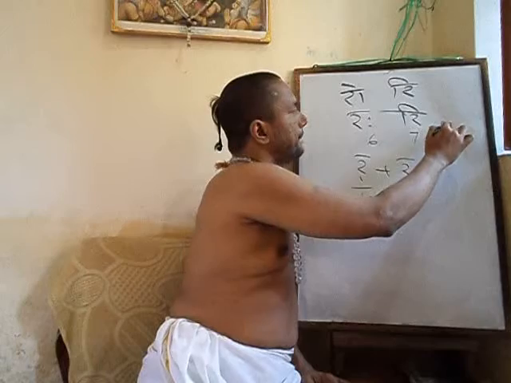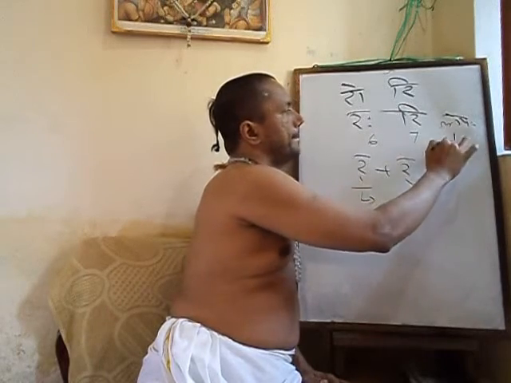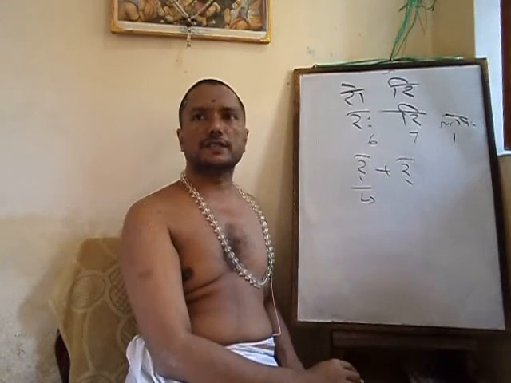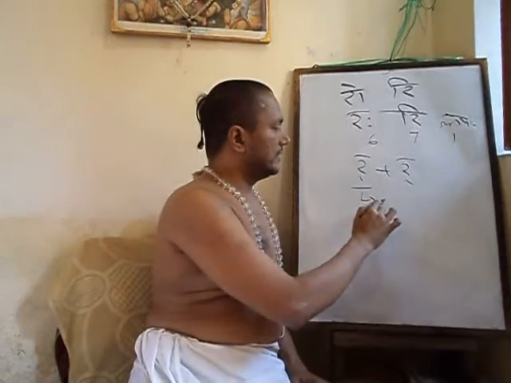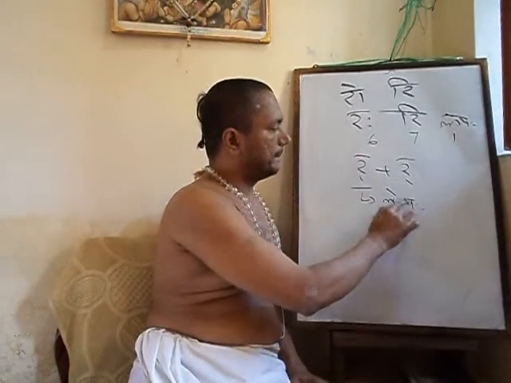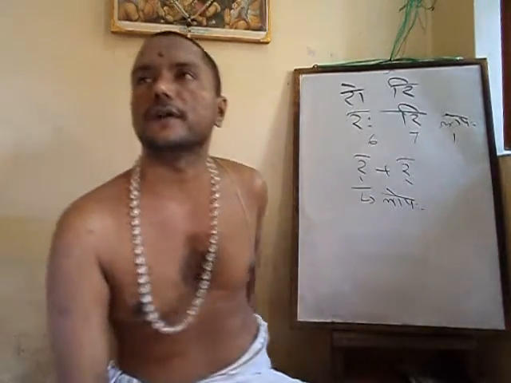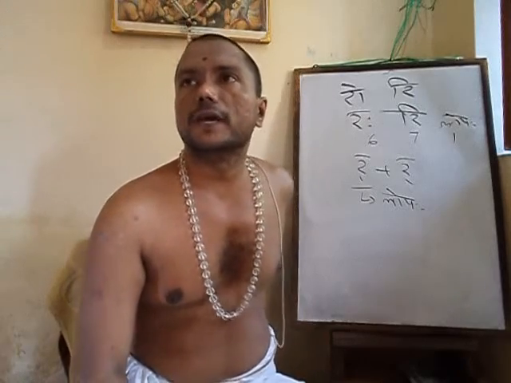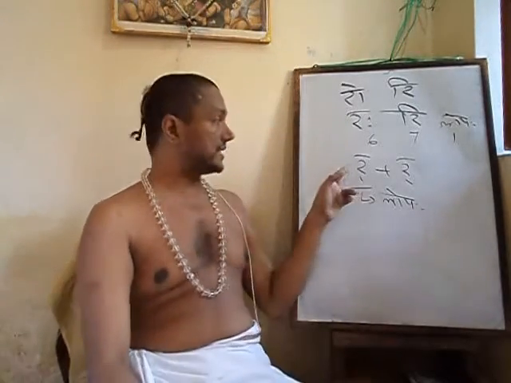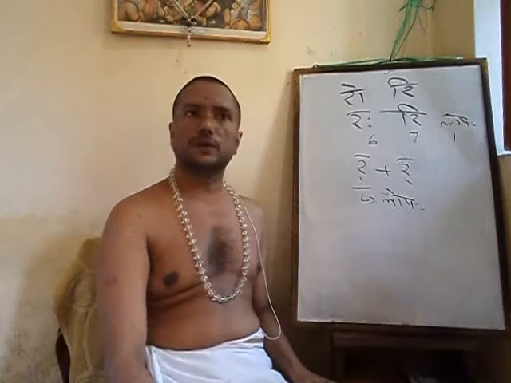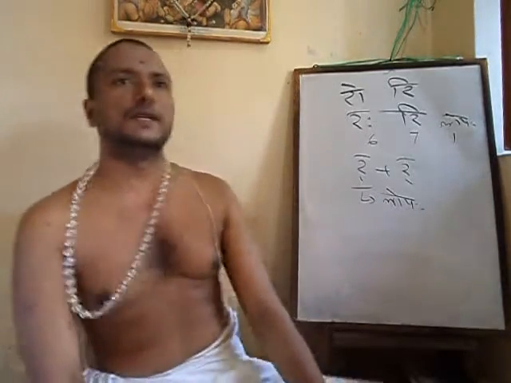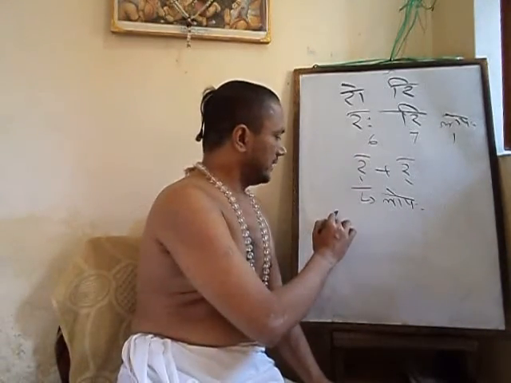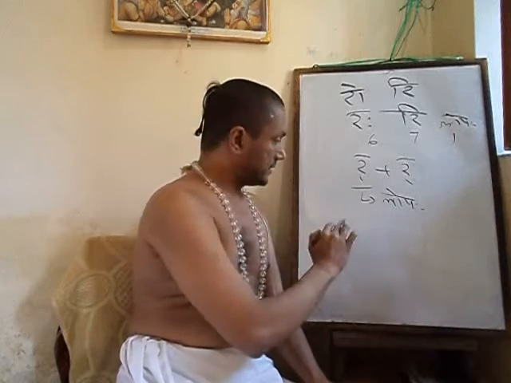So, from Dhodhe Lopa, we have this Lopa. Iko Yanachi, same way, Lopaha. Refa when followed by Refa becomes Lopa. The previous Refa becomes Lopa. Now, we'll have Shivar Ramya.